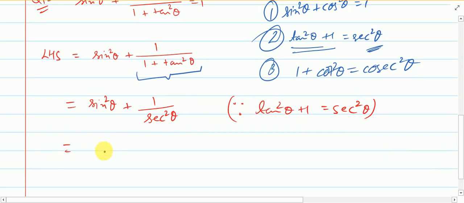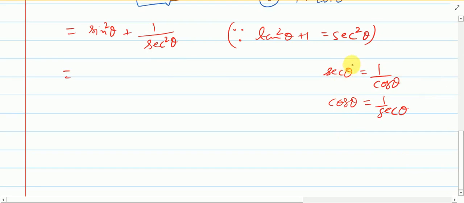So now next, you know that this sec theta is reciprocal of cos theta. Yes, so if we have sec theta, it means 1 by cos theta. So cos theta will be 1 by sec theta.